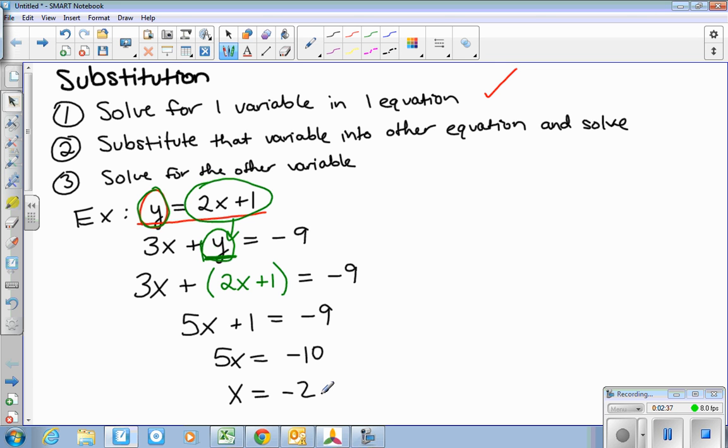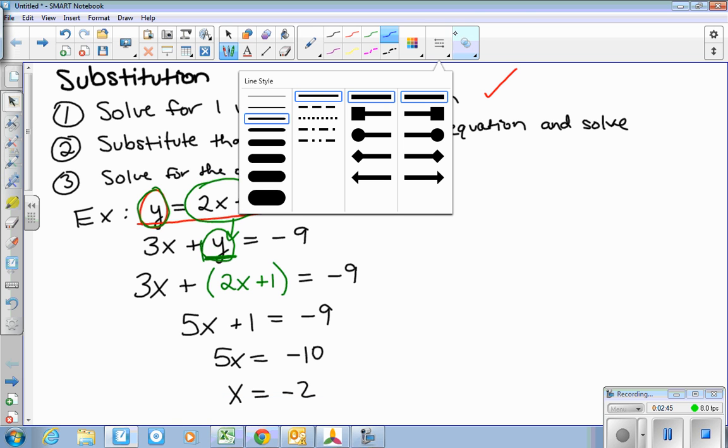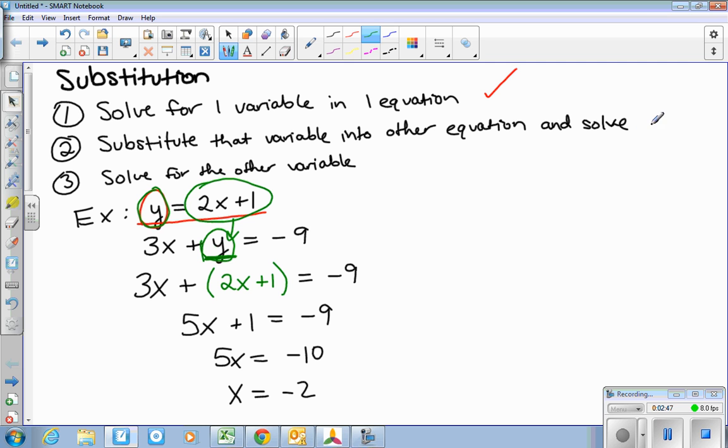If you remember, we're looking for a point, because the point of intersection has an x value and a y value. So I'll check off we solved for x. But the next step is to solve for the other variable. We need the y value. So we're going to take this x equals -2 and plug it into the other equation that'll give us y.